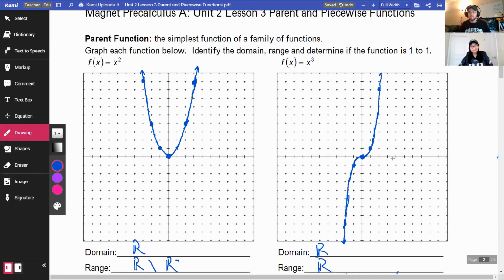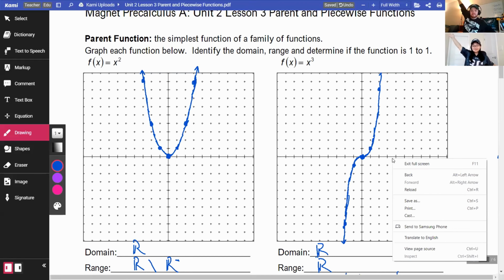All right, what's a line? What is a quadratic? What is a cubic? Oh, I think I have to switch it. Wait, no, my camera's reflected. I don't know. What's to the 4th? What's to the 5th? What's to the 6th?